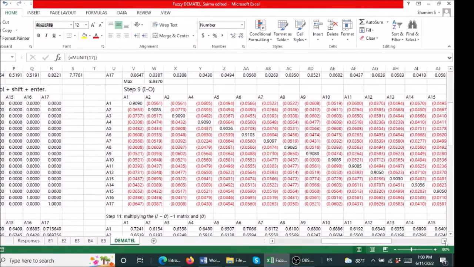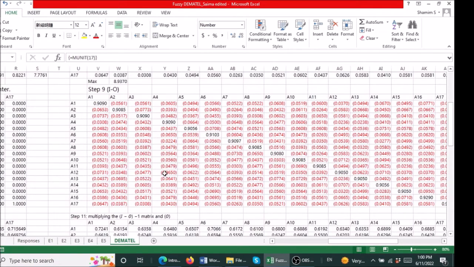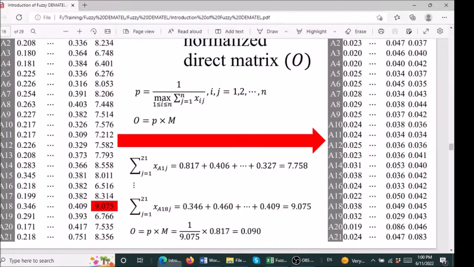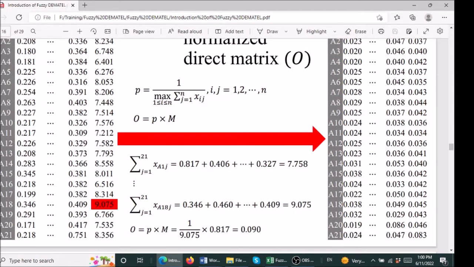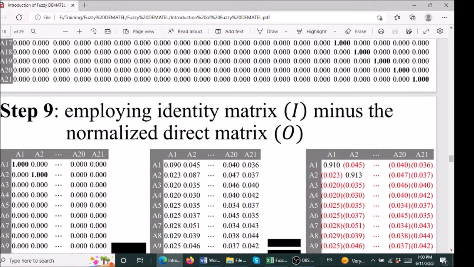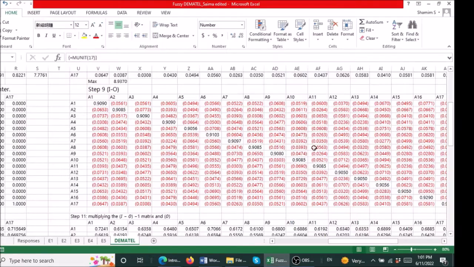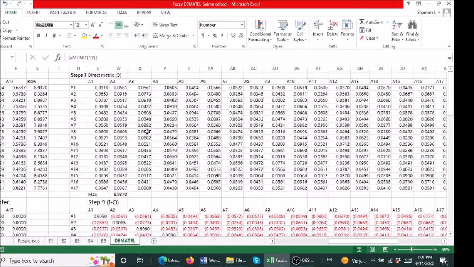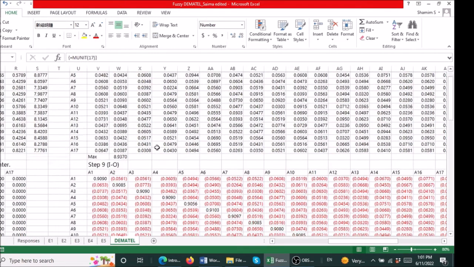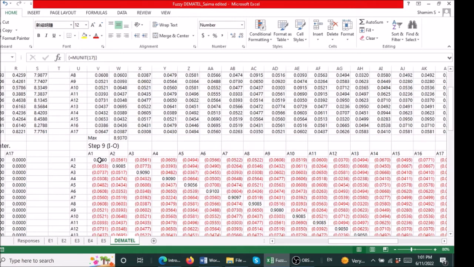Then come to step number 9. Here in step 9, once we establish the identity matrix, we compute the identity matrix minus the normalized direct matrix, so I minus the direct matrix. Where is our direct matrix? Our direct matrix is here. So I minus this one.